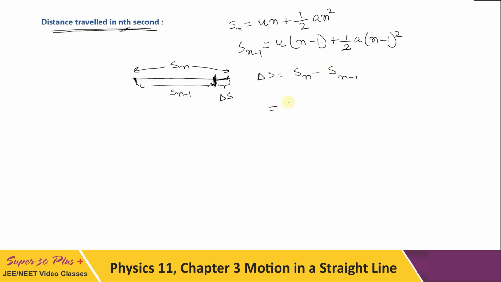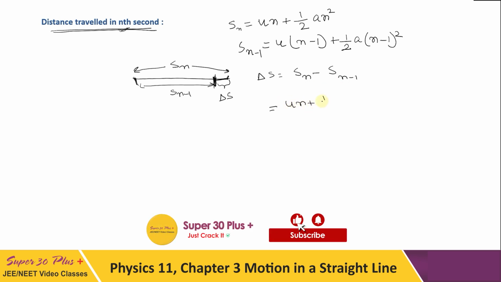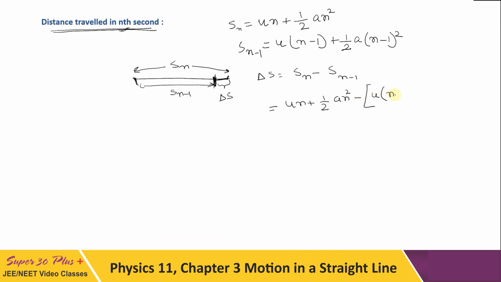If you substitute, that will be un plus half an square minus u into n minus 1 plus half a square of n minus 1, and on subtracting you will get u plus a by 2 into 2n minus 1. So this is distance travelled in nth second.